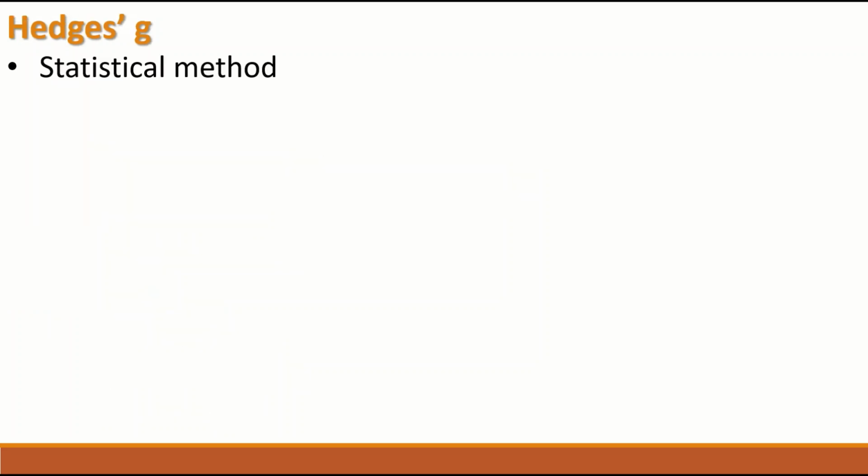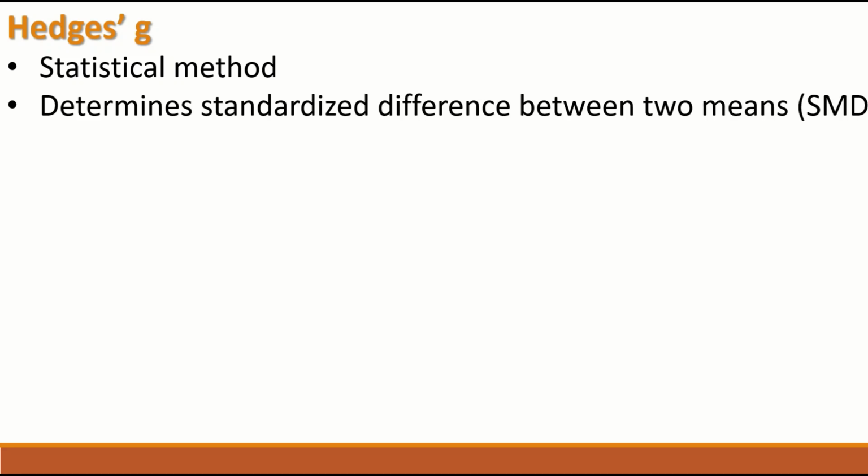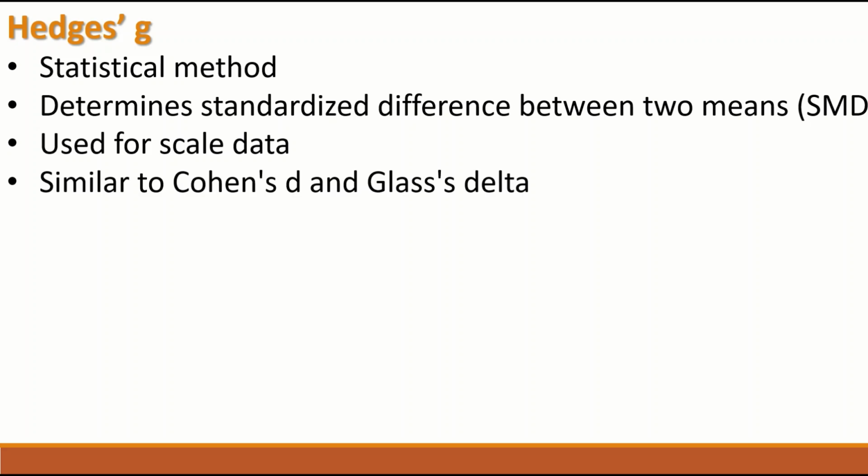So let's start with the first SMD, which is the Hedges G. What is a Hedges G? It is a statistical method that determines the standardized difference between two means. So it is an SMD, and it is used when the data are continuous. So the variables are both continuous, and a mean is calculated for each variable. Then the difference between these means is calculated.